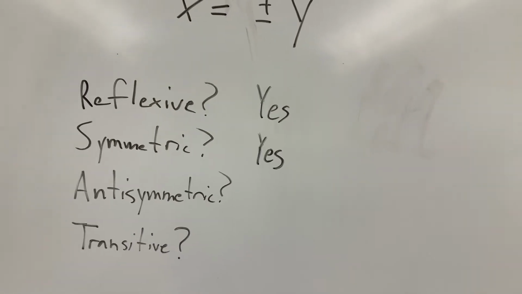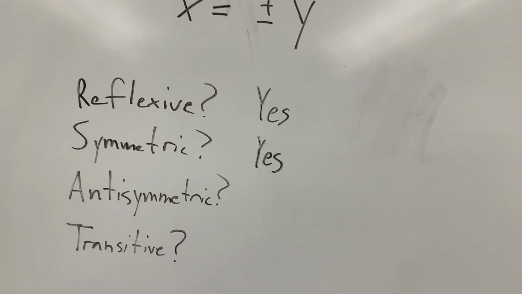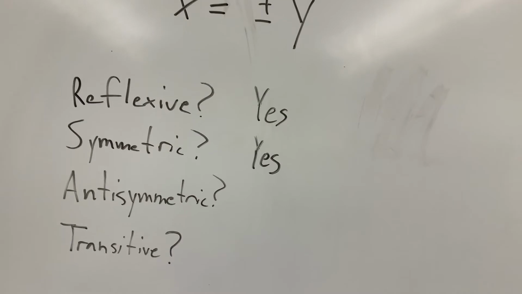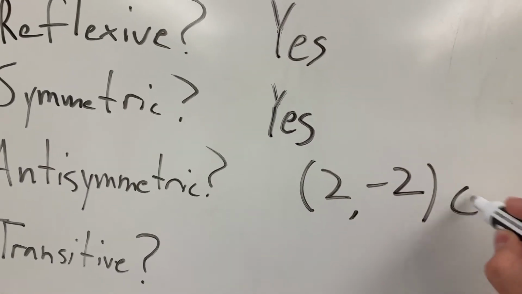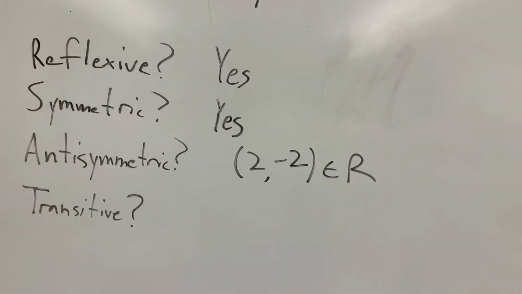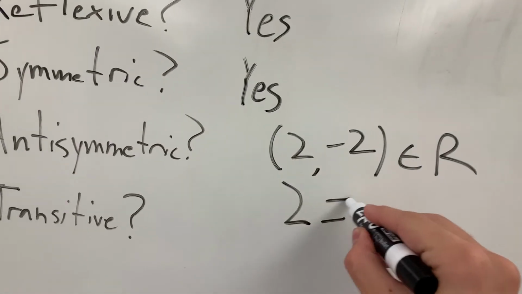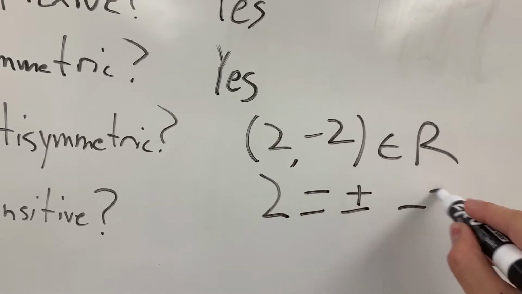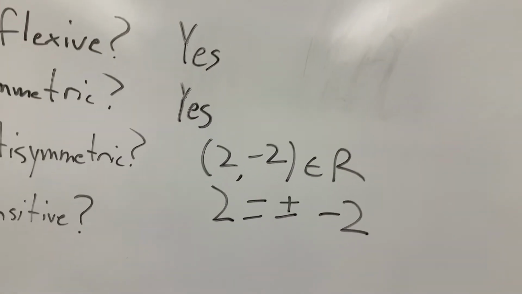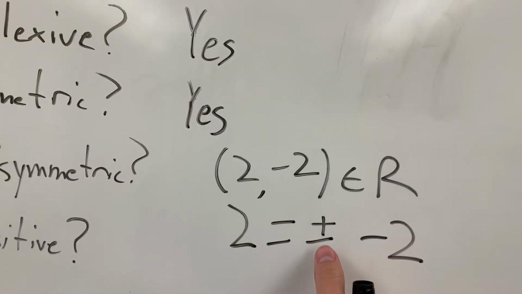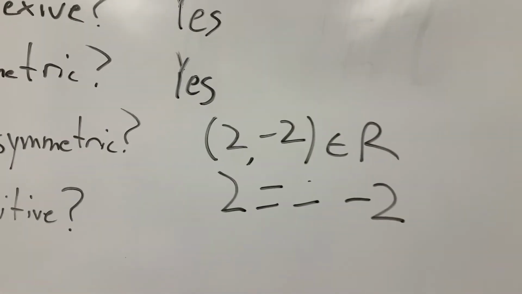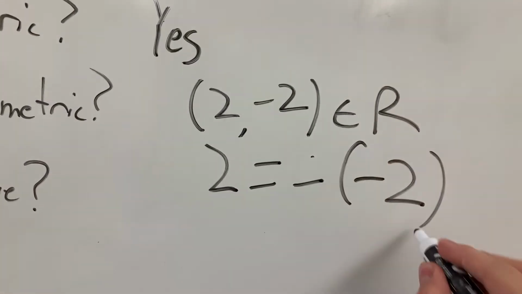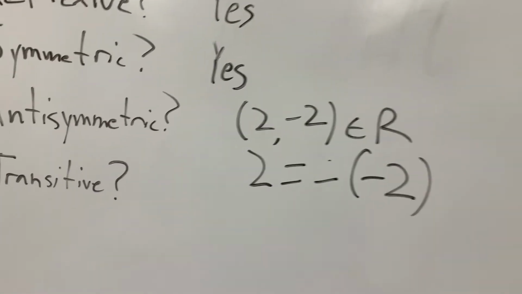We can disprove anti-symmetry by showing at least one case of symmetry. Let's say that 2 comma negative 2 is in the relation, right? Because it is. 2 is equal to plus or minus negative 2. In other words, we will just take the negative here, remove the positive, then 2 is equal to negative 2, and it holds.